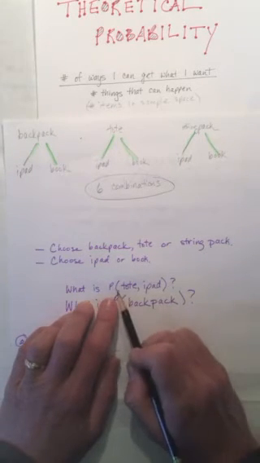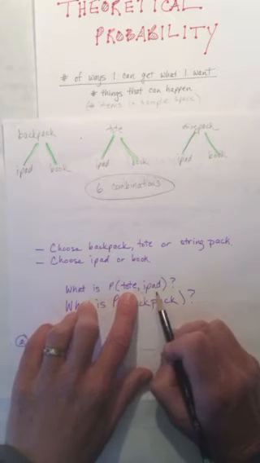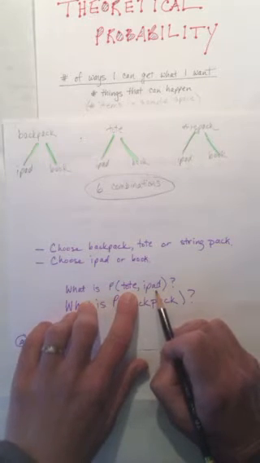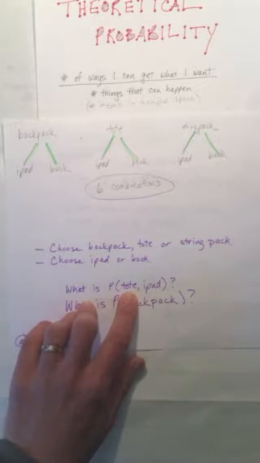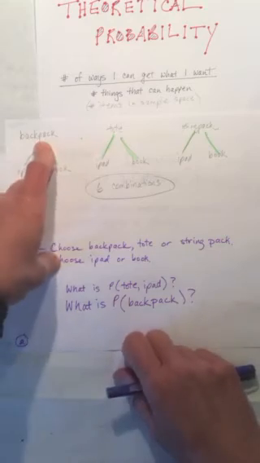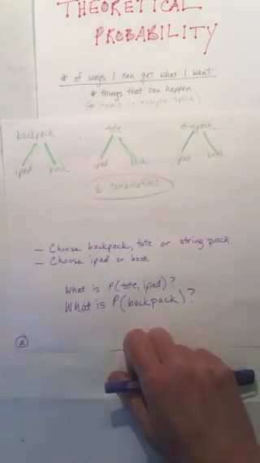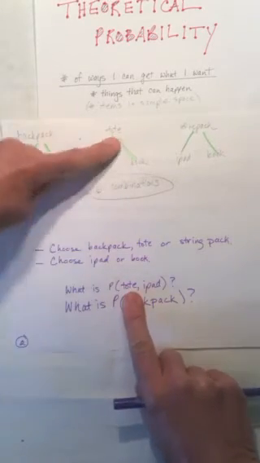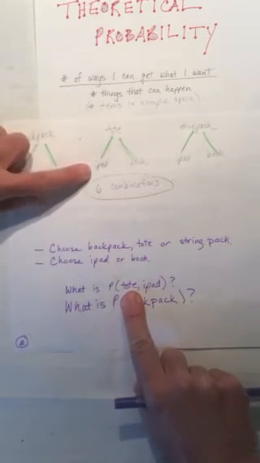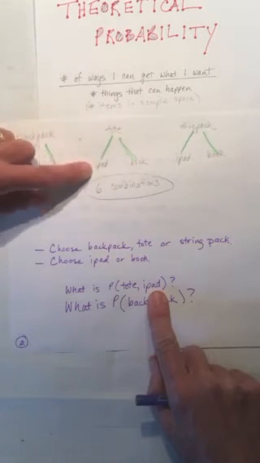What is the probability of selecting a tote and the iPad? So we're looking for the combinations that include tote and iPad. Can't be in this section, that's a backpack. Can't be in this section because that's the string pack. So here's where we can choose a tote, and this is the only place that we can choose the tote and the iPad.